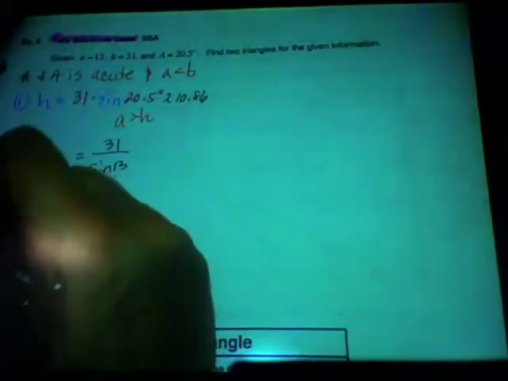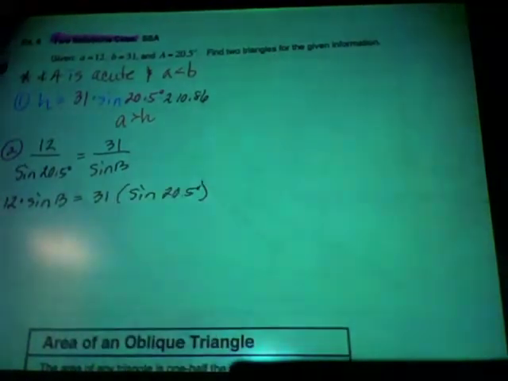I've got 12, which is side A, over the sine of 20.5 equals, and then my B is 31 over sine of B. So cross multiply, I get 12 times sine of B is equal to 31 times sine of 20.5, and then divide by 12.